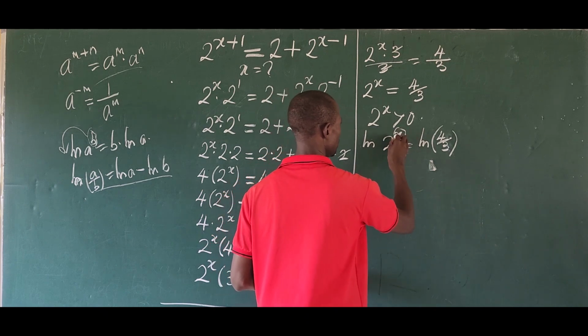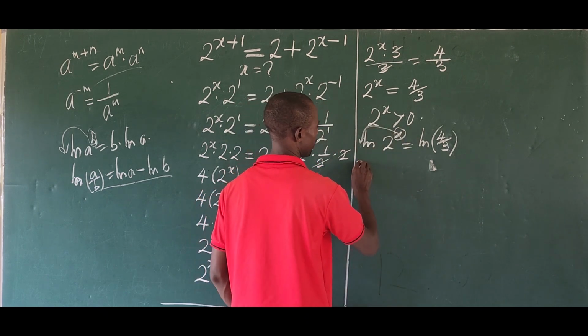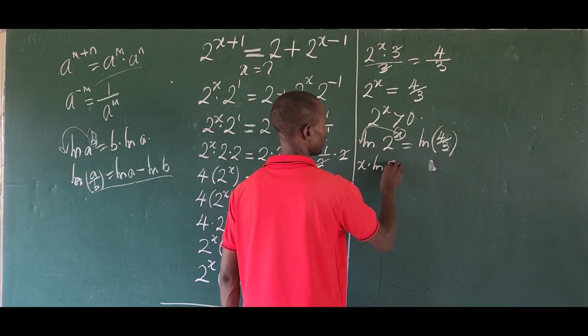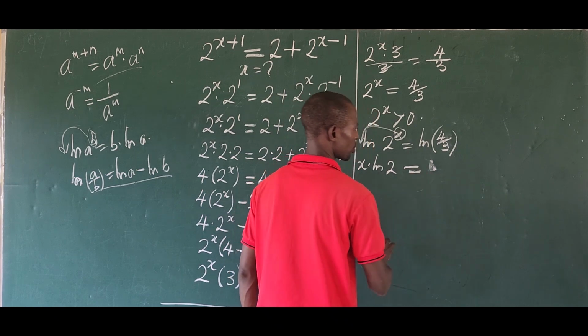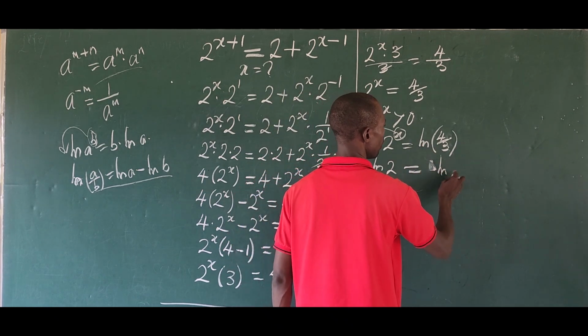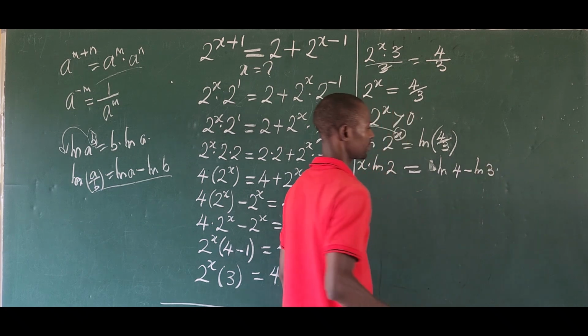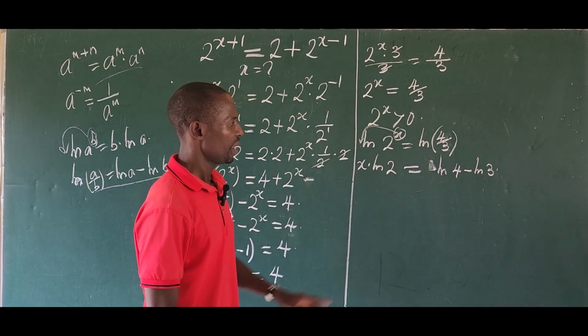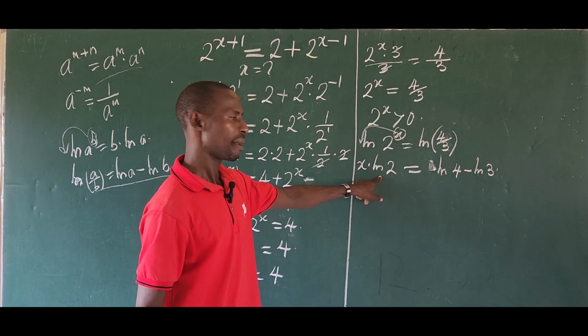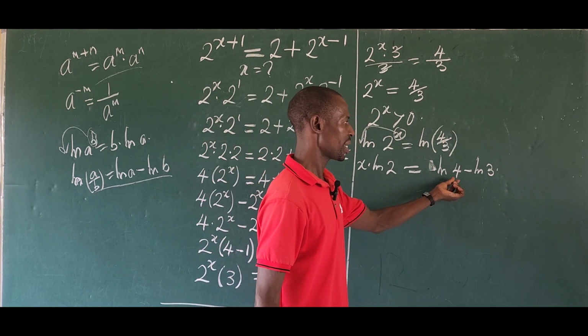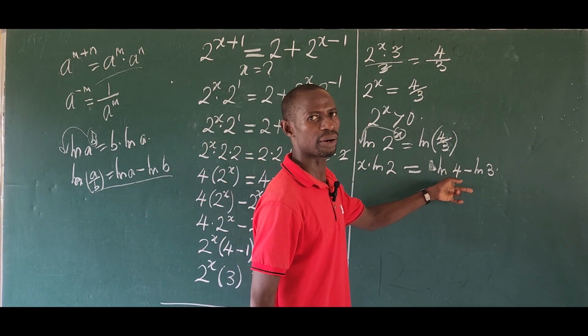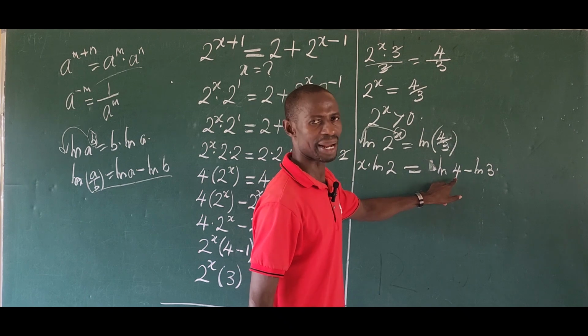So we're going to move this to this side. So we have x times the ln of 2 equal to the ln of 4 minus the ln of 3. Easy. Because we have ln of 2 here, and we can express 4 as 2 to the power of 2, we just have to rewrite this.